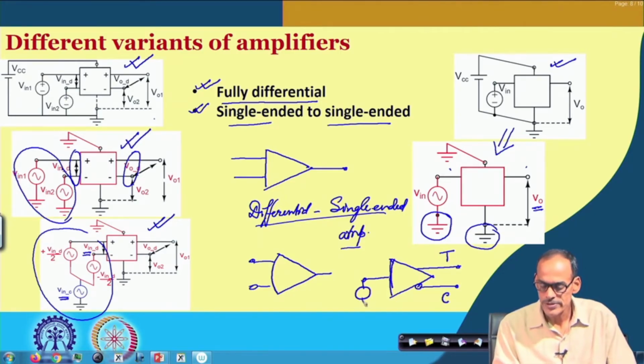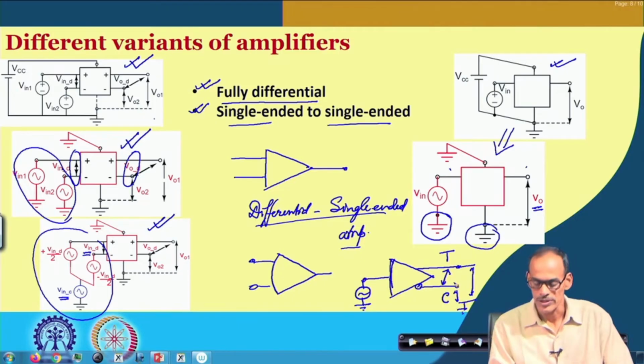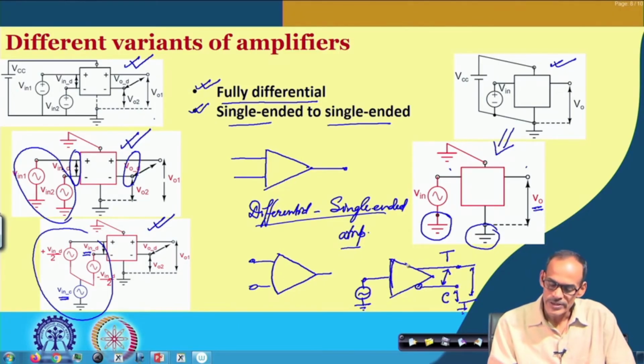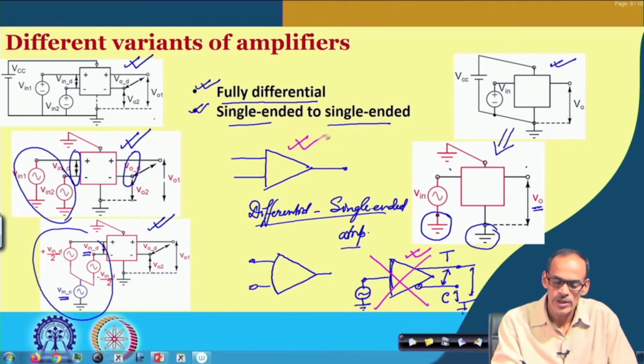Input is with respect to ground, and the output may be with respect to common ground, but we have a pair of signals where the difference of these two voltages carries the main information. So, this is a special kind of circuit. In this course, we will not be discussing the single ended to differential amplifier, but definitely we will be frequently talking about the differential to single ended amplifier.